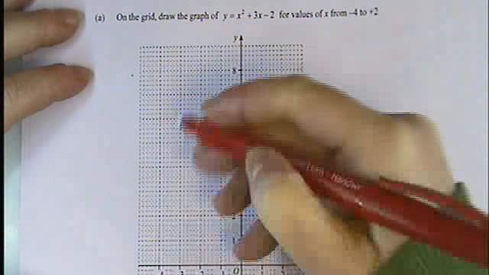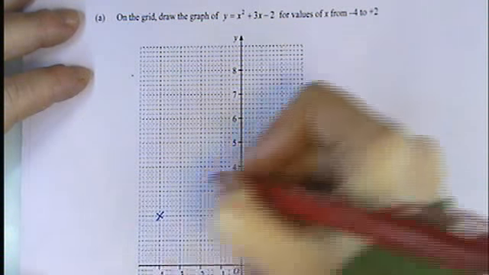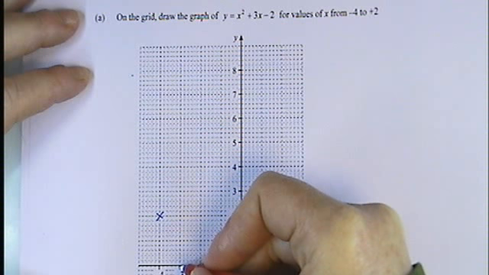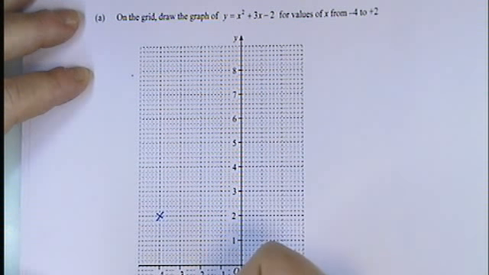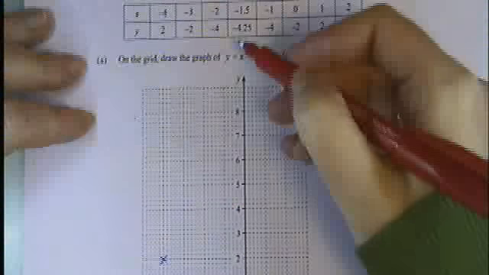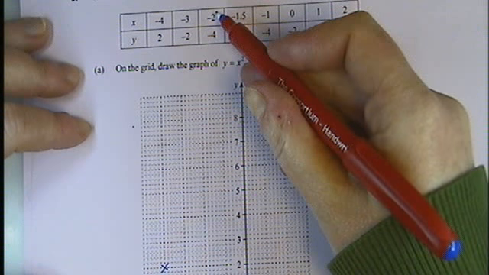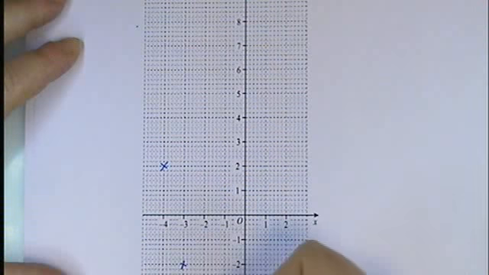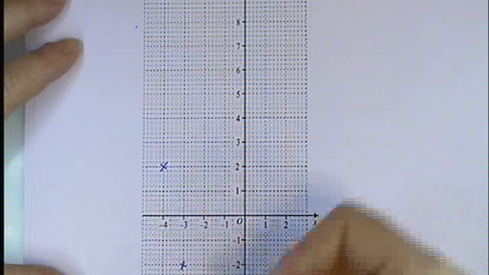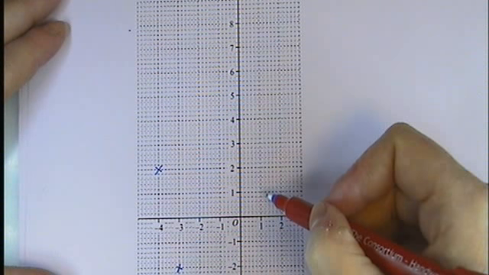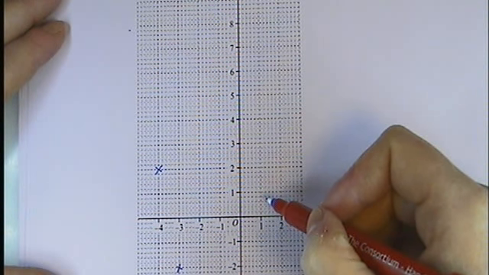So we need the coordinates (-4, 2), (-3, -2), (-2, -4), (-1.5, -4.25).